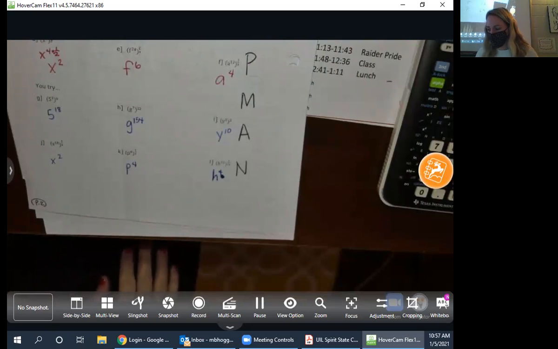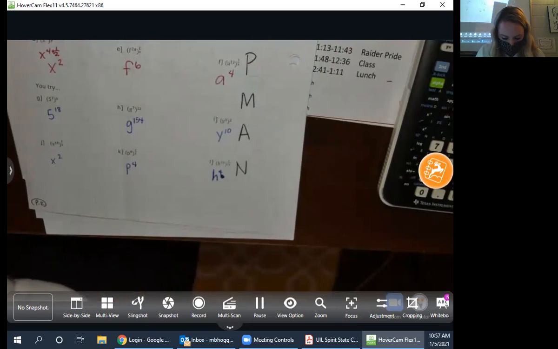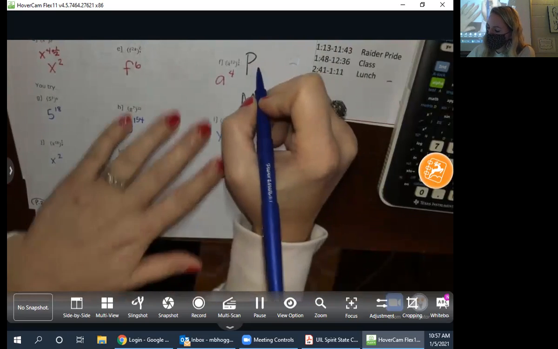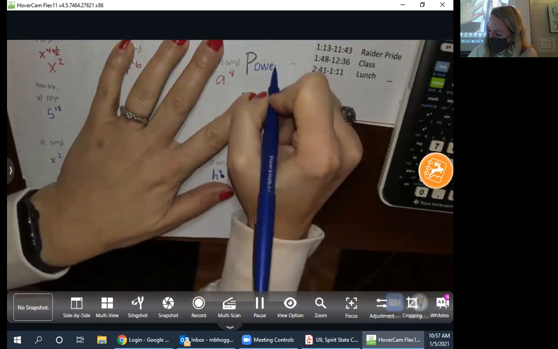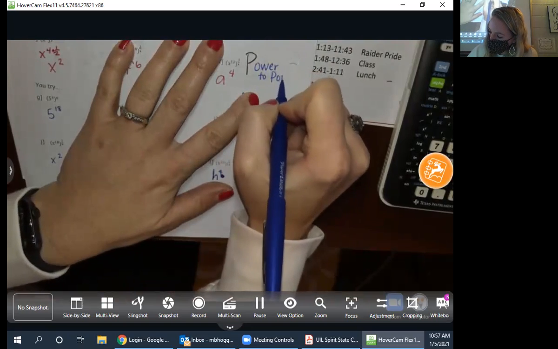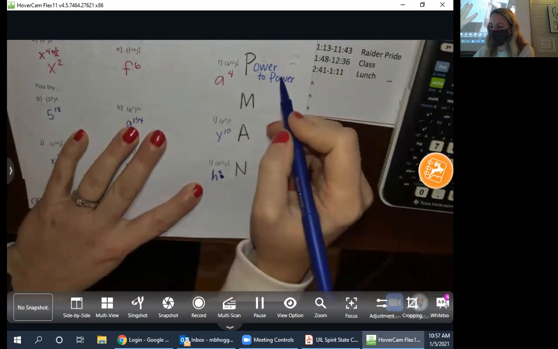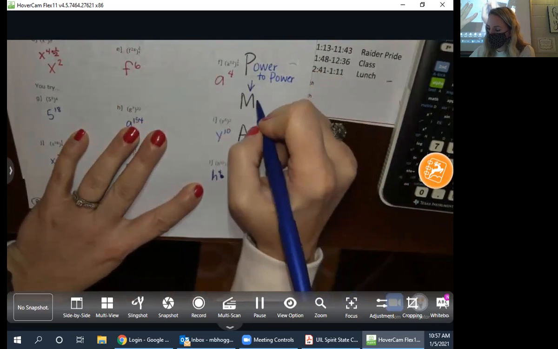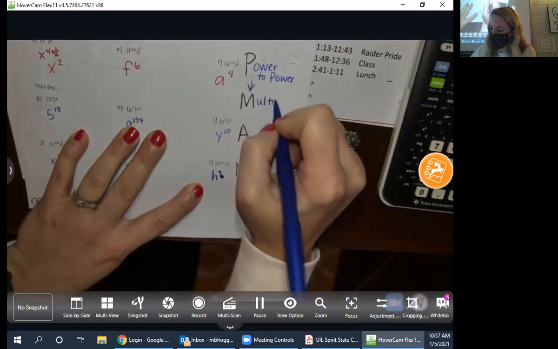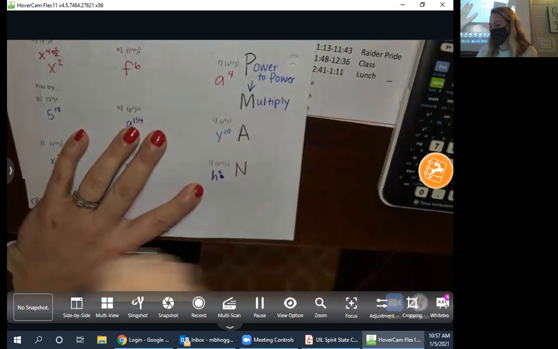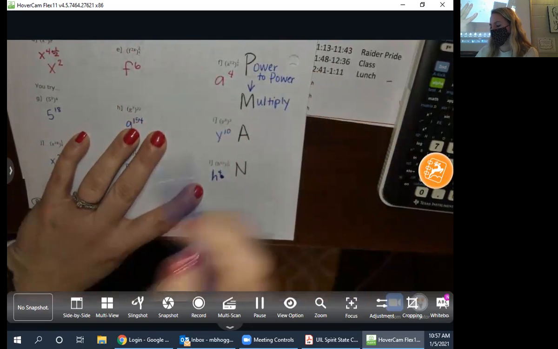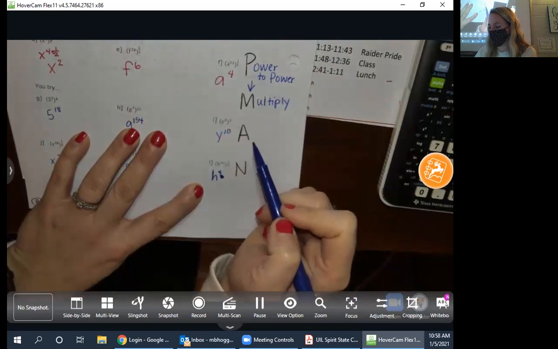All right. So here's what PMAN helps us remember. P stands for power to a power. If you have a power to a power, you multiply your exponents. Power to a power, multiply your exponents.